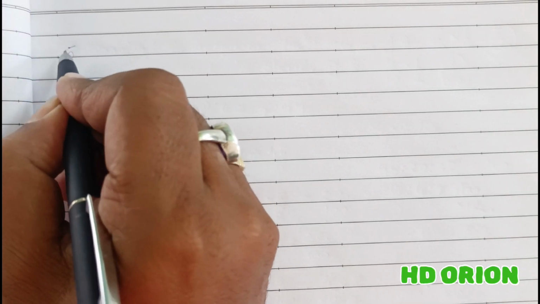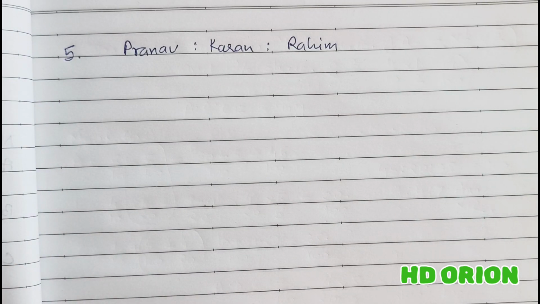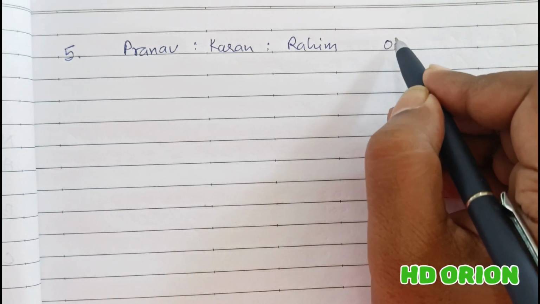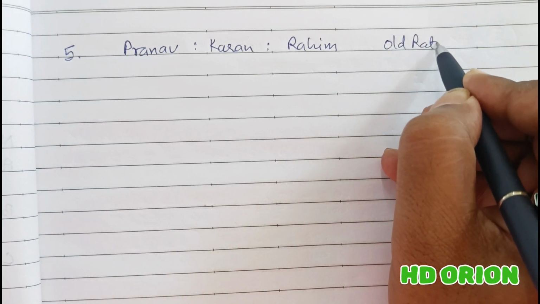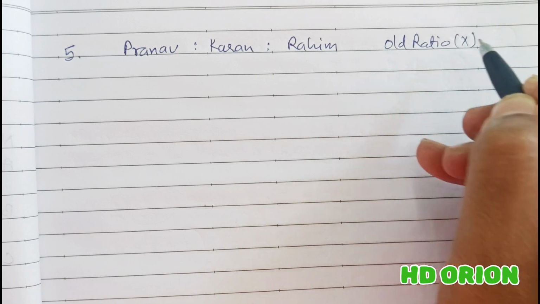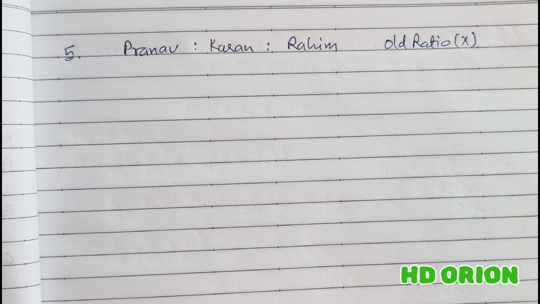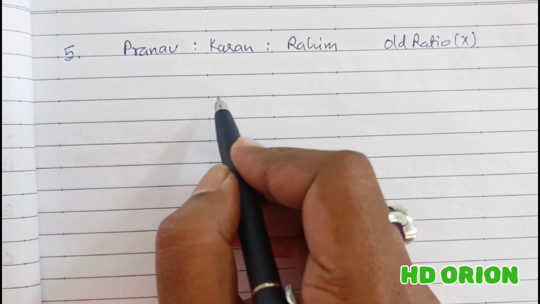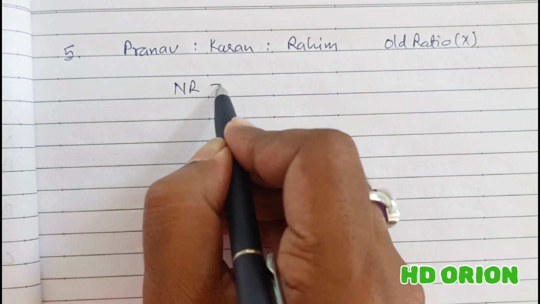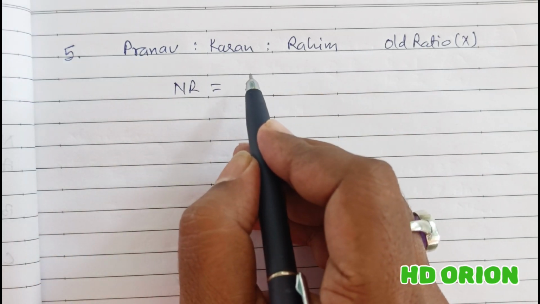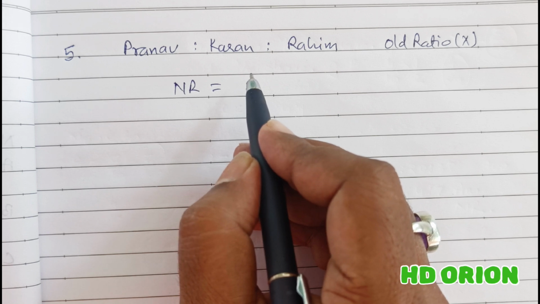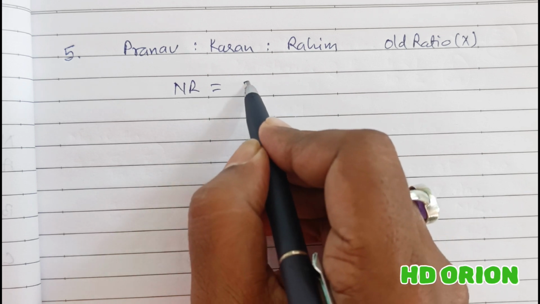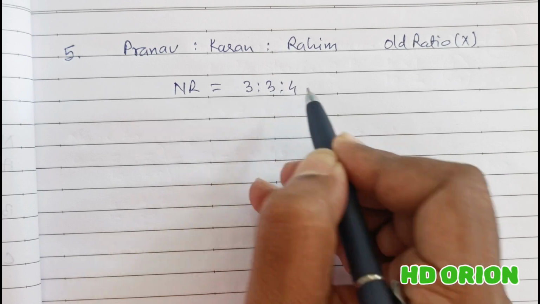So, solution 5 we will see. Three partners are there, Pranav, Karan and Rahim, and the old profit sharing ratio is not given in the question. And the new ratio of these partners is given as 3:3:4.